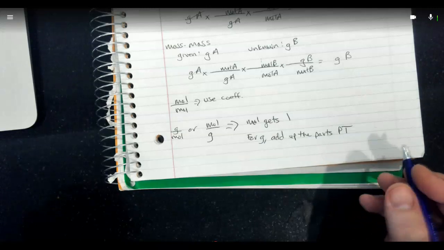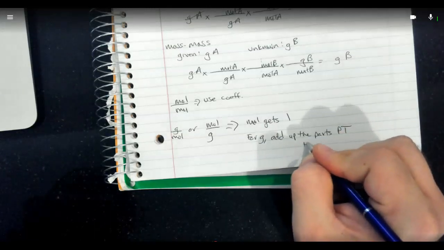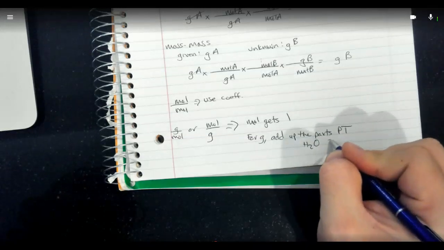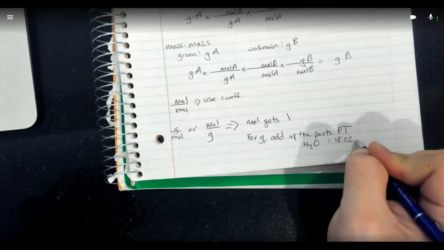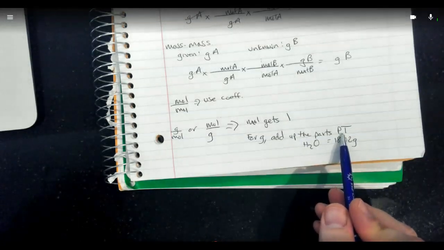So, for example, if we just had H2O, we would add up the parts, and that would give us 18.02 grams. For grams, add up the parts from the periodic table.